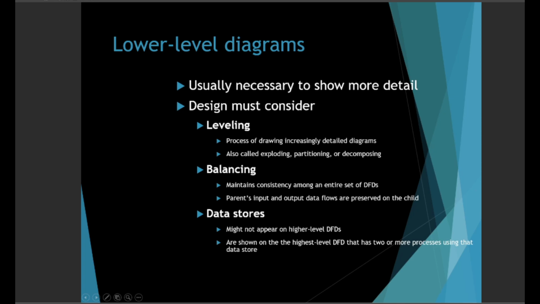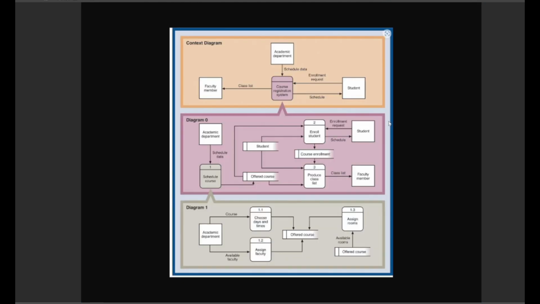So for example, we have here an example of a context diagram, a diagram 0, and a diagram 1, which discusses the first process on this part here.